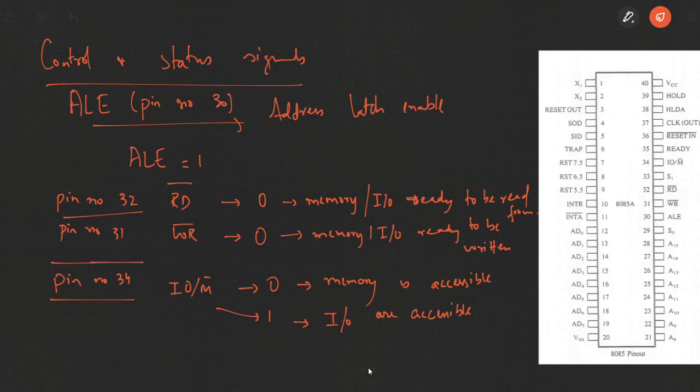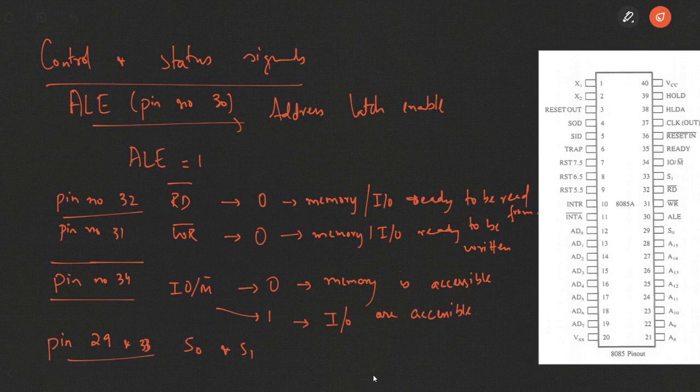Then you have SOD and SID. We actually also have pin number 29 and pin number 33. These are also status signals, pin 29 and pin 33, S0 and S1.